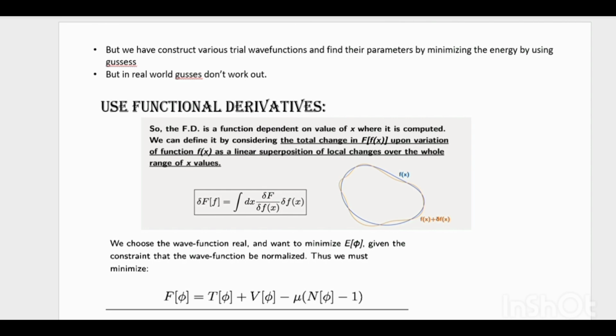With a more practical idea, we can use the functional derivatives. A functional derivative is finding the variation in the function upon changes in the function, as a linear combination of the local changes. So we have to find the functional, which equals the kinetic energy, the potential energy, and a constant.